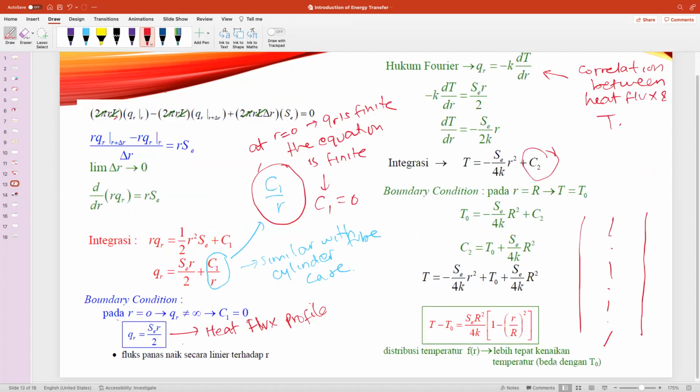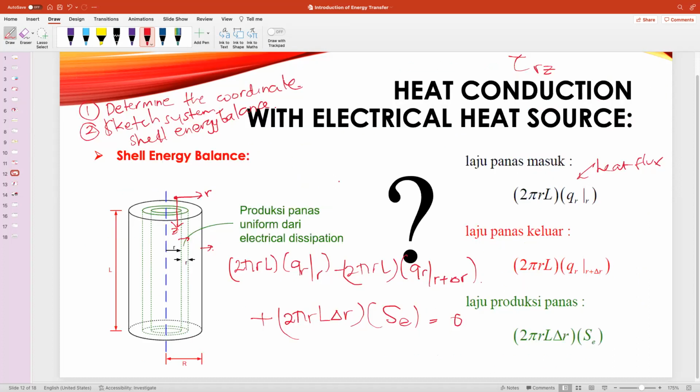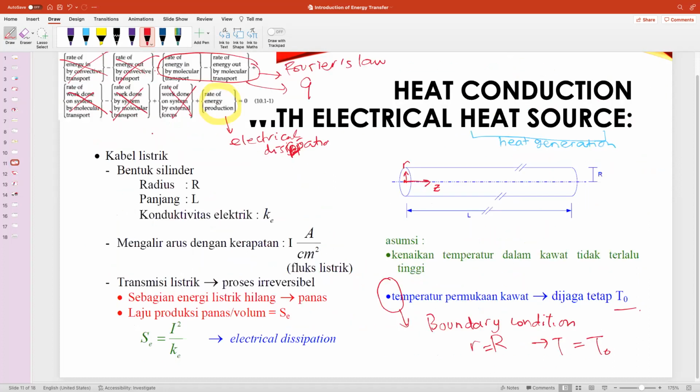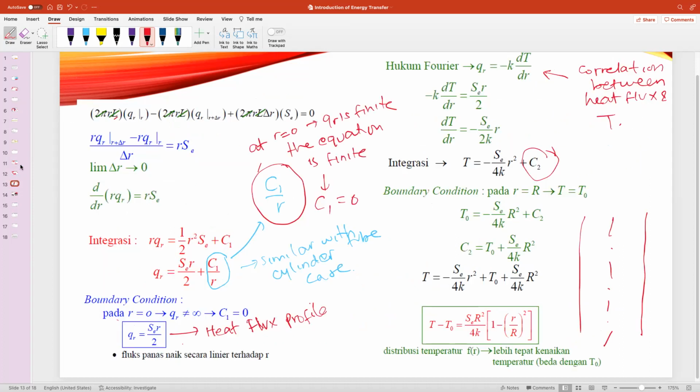Of course, if you don't have electricity passing through your wire, there is no heat generation, so there would be no Q. If I go back here, let's say I switch off the electricity and wait for a while until there is no Se at all.